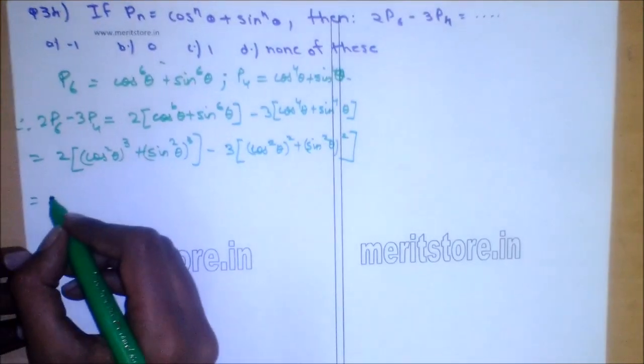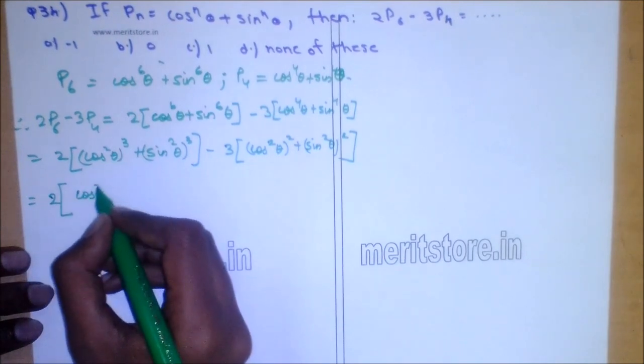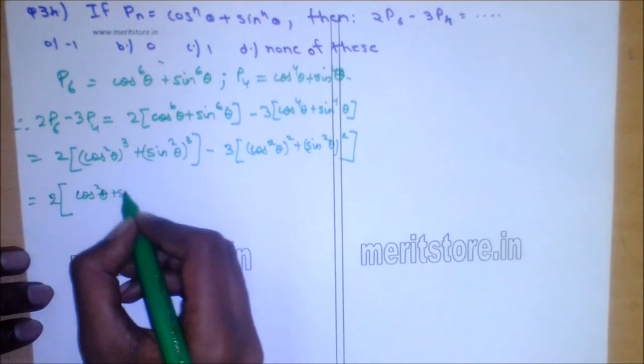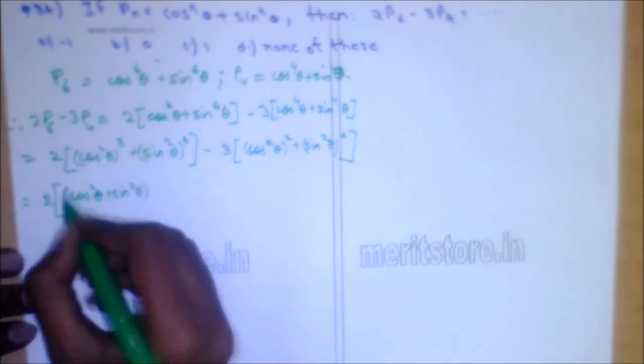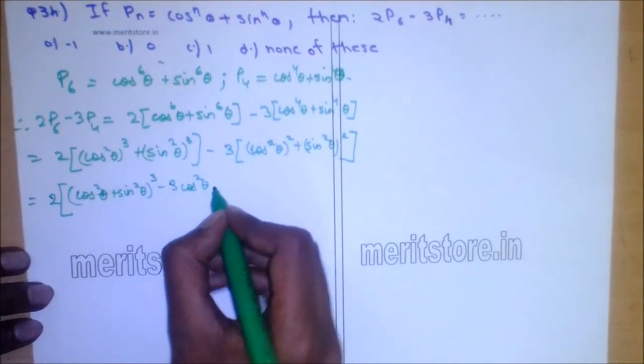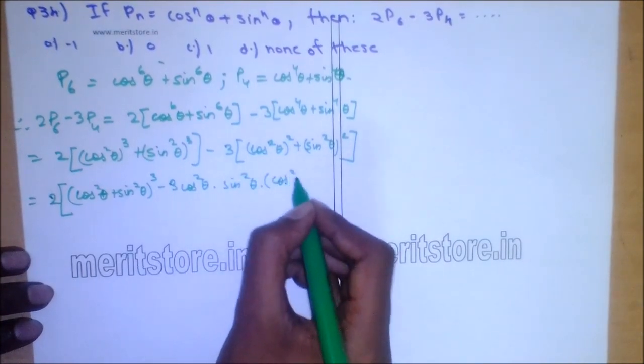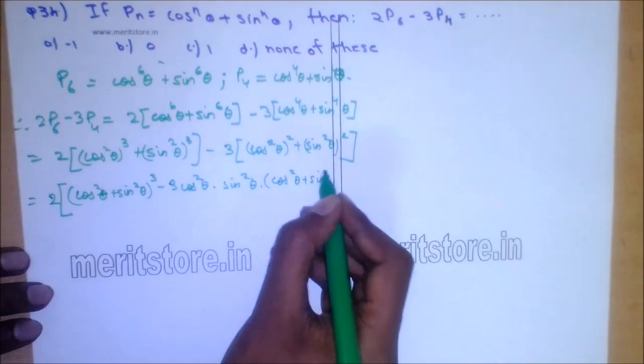So now this is 2 into cos square theta plus sin square theta the whole cube minus 3 times cos square theta sin square theta into cos square theta plus sin square theta.